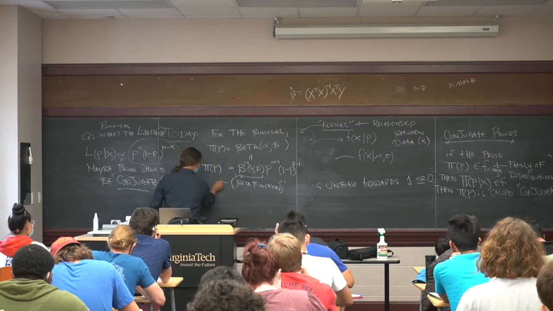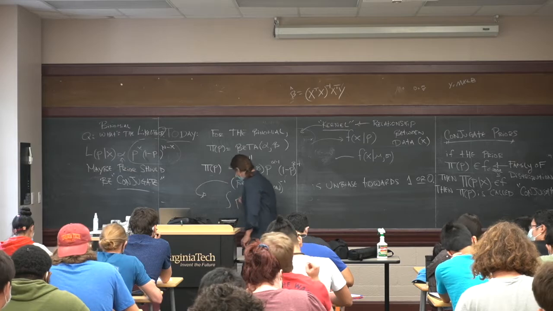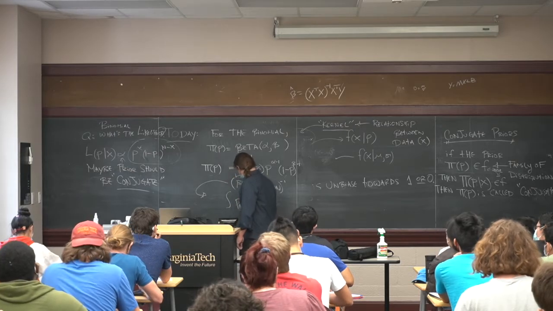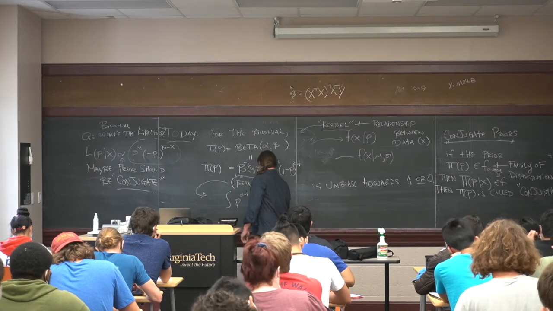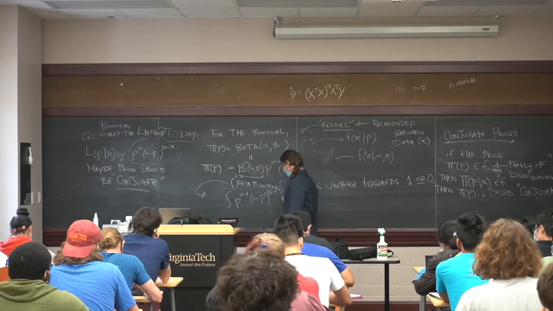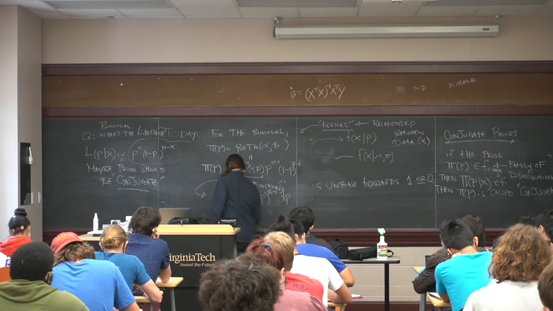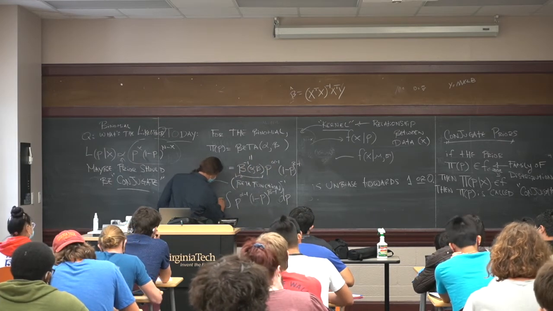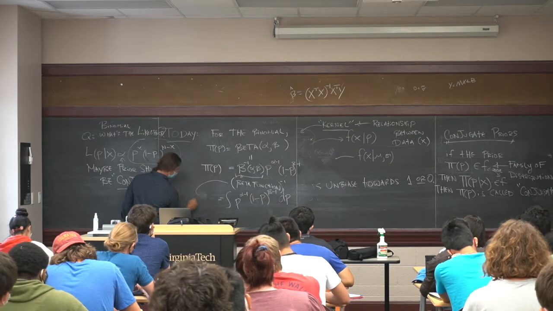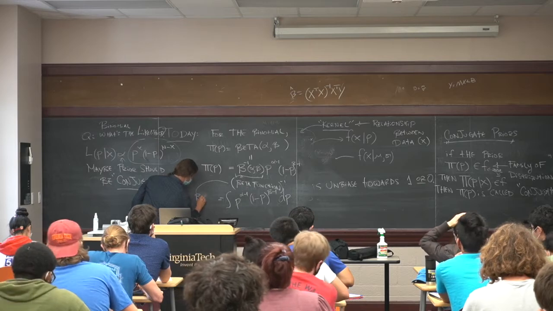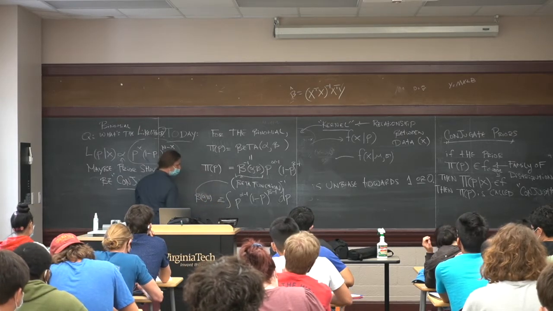So what is a beta function? It looks like this: the integral of p^(alpha-1) (1-p)^(beta-1) dp. I'm going to integrate this, and this is what my beta function is going to be. It's defined to be that.